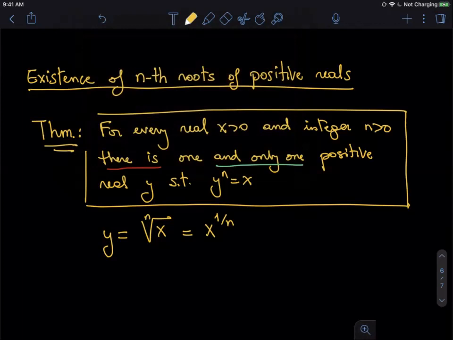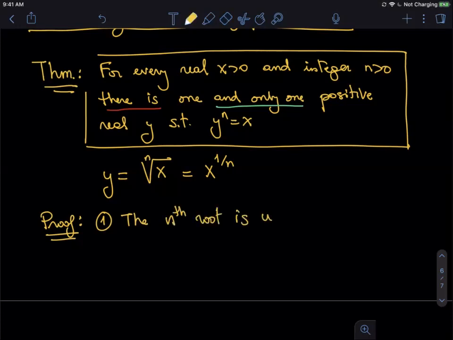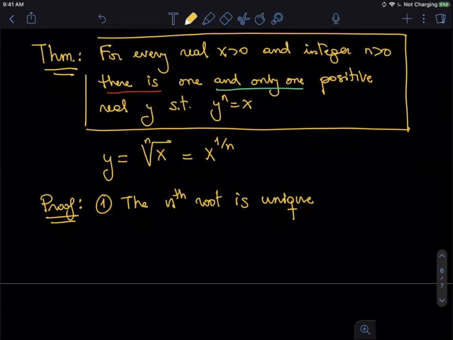Okay, so let's get to it. So proof. First thing, let's get that out of the way. The nth root is unique. This I leave for you to do.